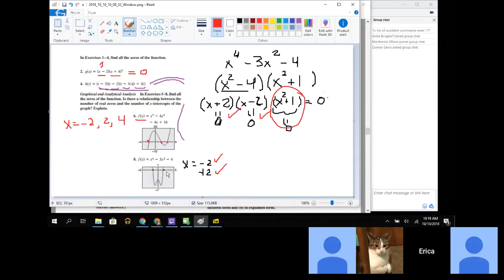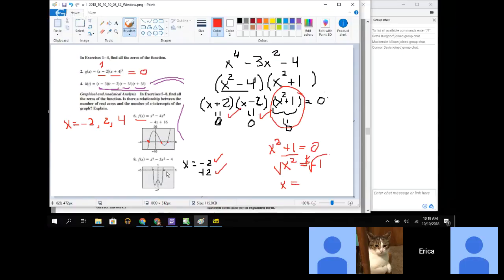I'm not able to factor it, so let's see if I set it equal to 0, if I can figure anything out. If I have x squared plus 1 equals 0, that's the same as x squared equals -1. And then if I take the square root of both sides, I need to always remember in PreCalc to do plus or minus, right?